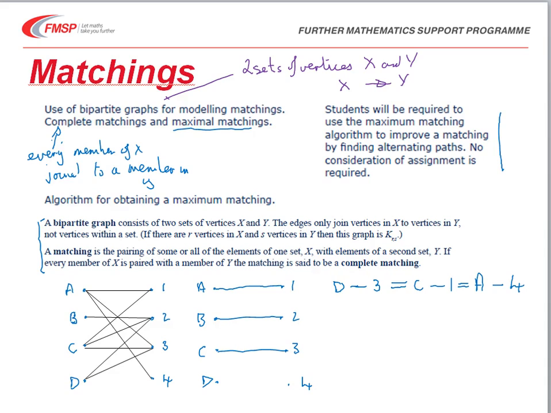We then change the state of those arcs. Instead of C doing job 3, D is going to do it. That means that C can't do 3, but C is now going to do 1. That means that A can't do 1, but A can now do task 4.